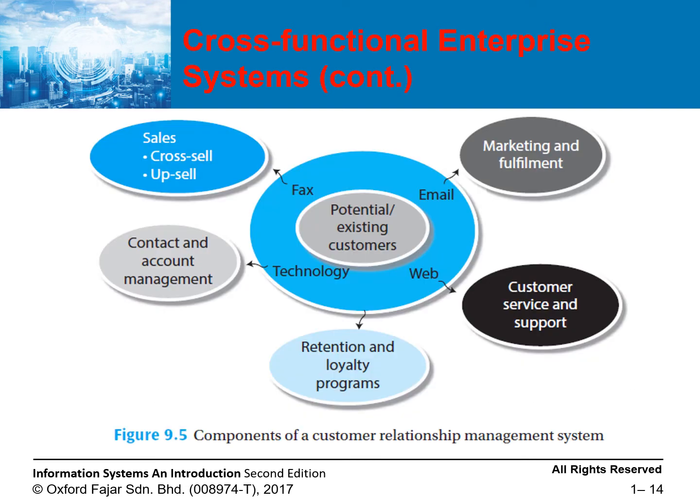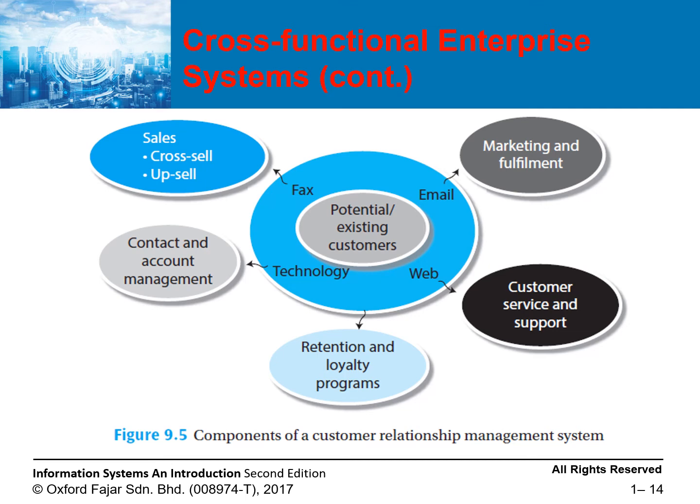This figure shows us some of the major components of a CRM system. If you can see here, there is a potential or existing customer, and also there are marketing and fulfillment, customer service and support, retention and loyalty programs, contact and account management, and also sales, which is the cross-sell or upsell.